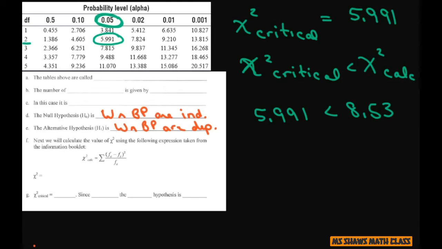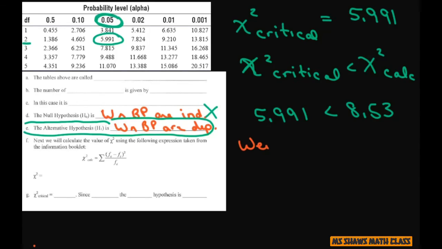Since the calculated value is greater, we reject our null hypothesis. So that means weight and blood pressure are dependent.